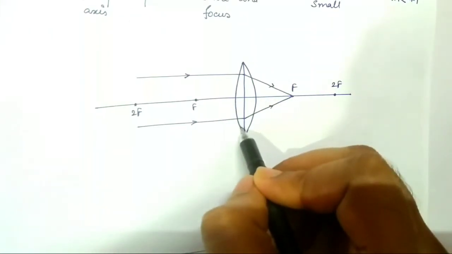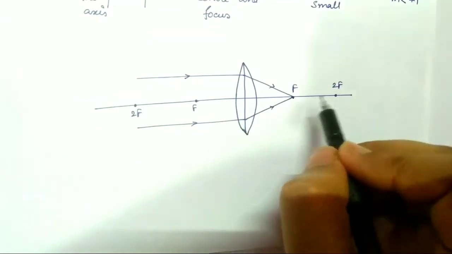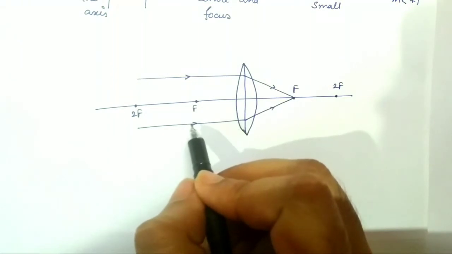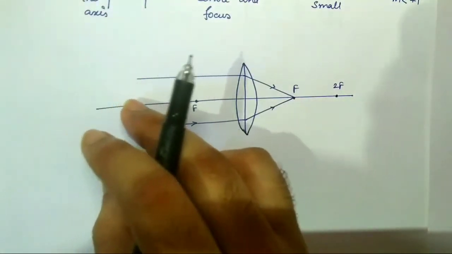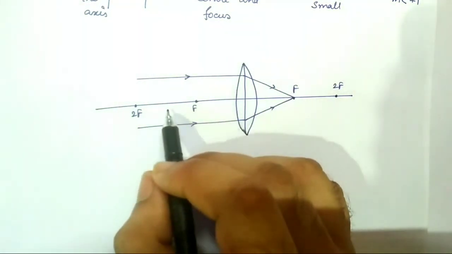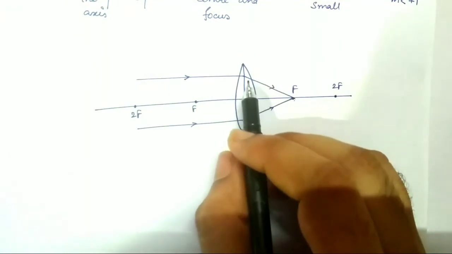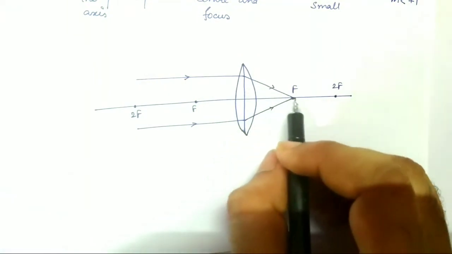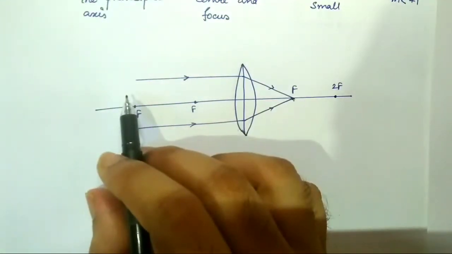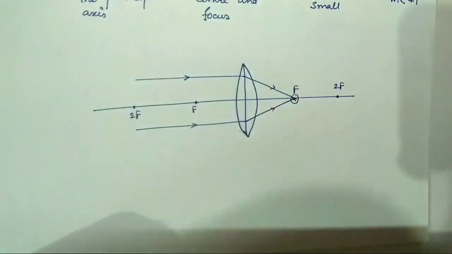This is a biconvex lens of which F is the second principal focus. This is twice F. Now the object is placed at infinity, that is the rays coming out from the object will be parallel to each other, and that will be parallel to the principal axis. They will meet at the second principal focus F.